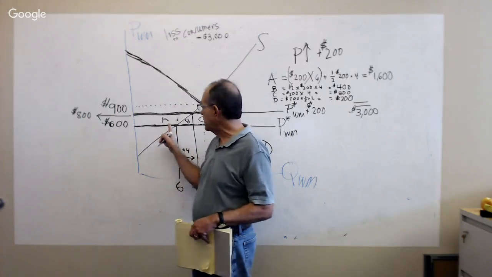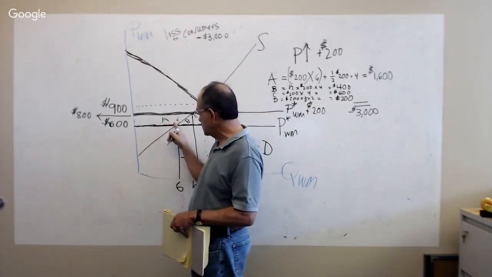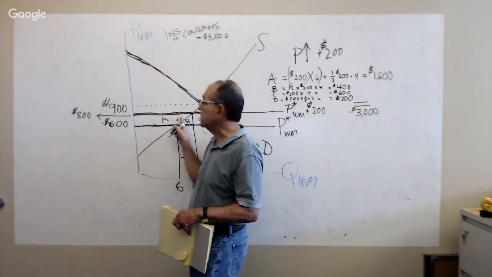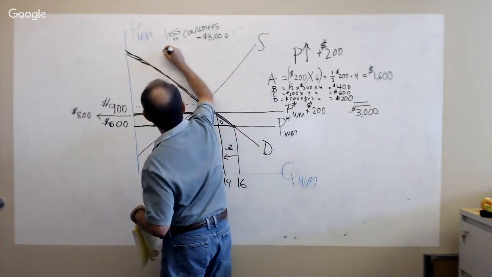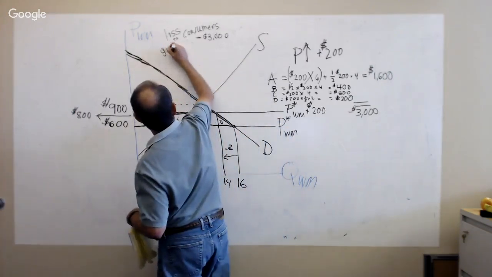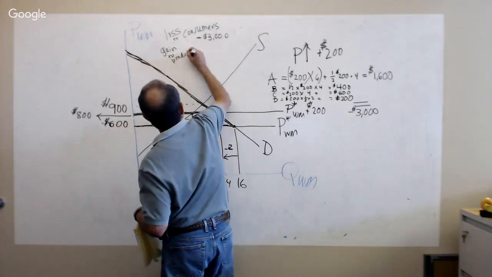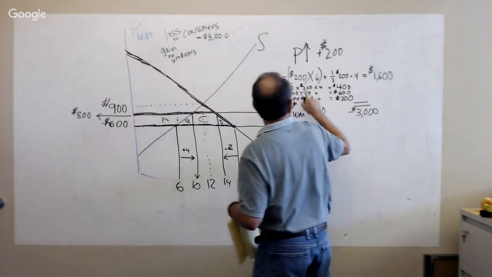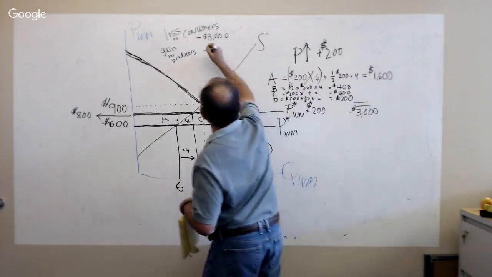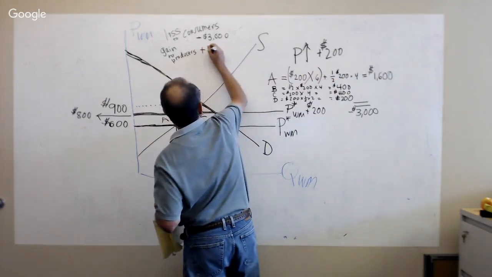It's expanded by area A, which is made up of this rectangle and that triangle. So the gain to producers is equal to area A, which we calculated over here as $1,600.